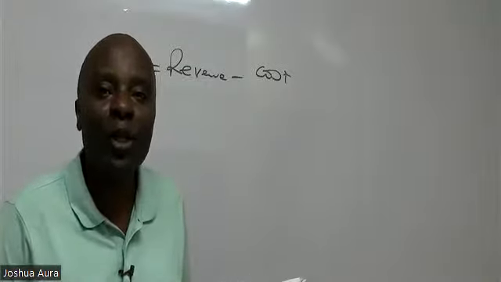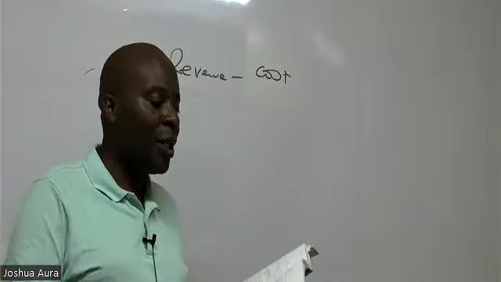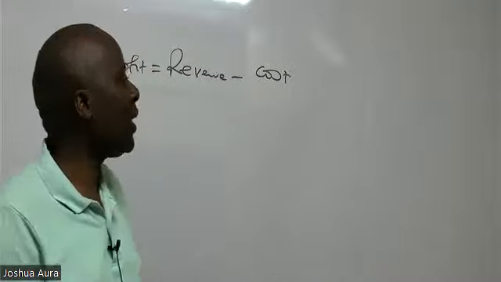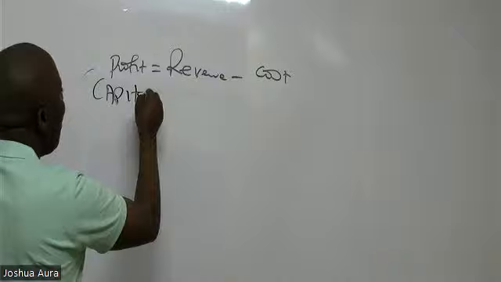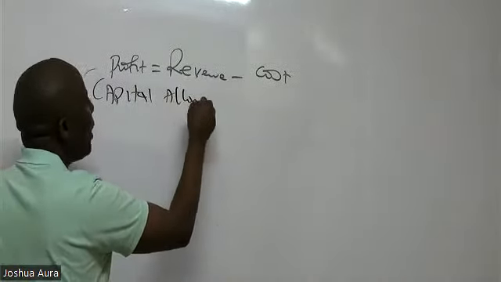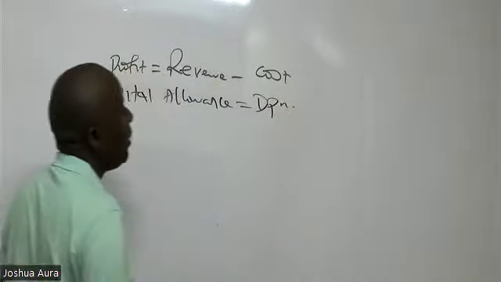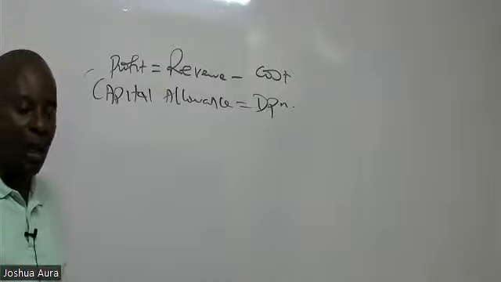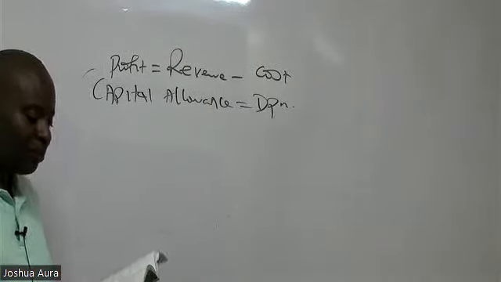For us, capital allowance is depreciation. Whenever you see capital allowance, simply go there and write in brackets, depreciation. We are learning something very important here: capital allowance will always be equal to depreciation.